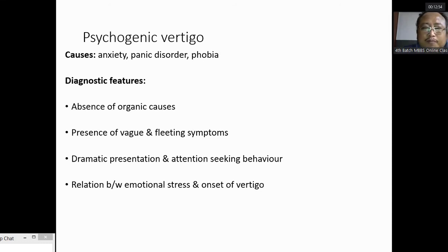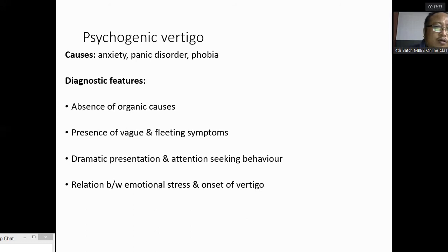Many of the patients came to the ENT department and asked for management. And now, due to the pandemic and the lockdown, these cases may grow. Many of the cases are dealt with by the respective doctors. And in psychogenic vertigo, there is always an absence of organic causes. The patients give vague and fleeting complaints. Sometimes they complain about ear problems.